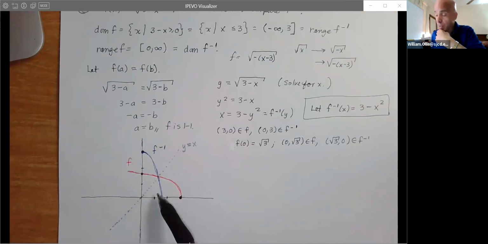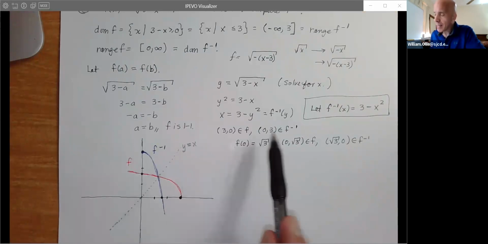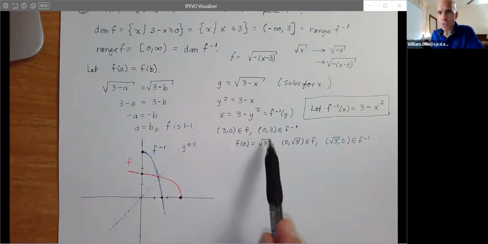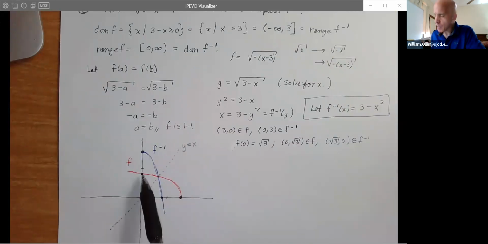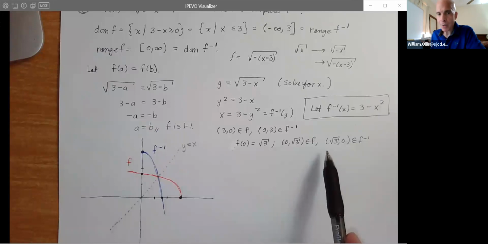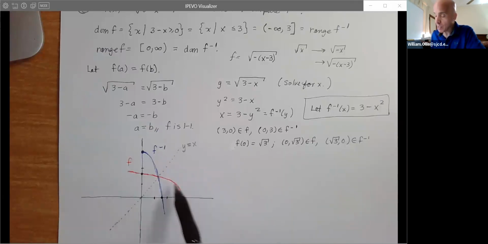That is, f and f inverse reflect in the line y equals x. What I did here was look for some simple points, an x-intercept and a y-intercept, flip them around, and then use the fact that I know the shape of these functions to draw a picture. That's really what we want to be able to do here.